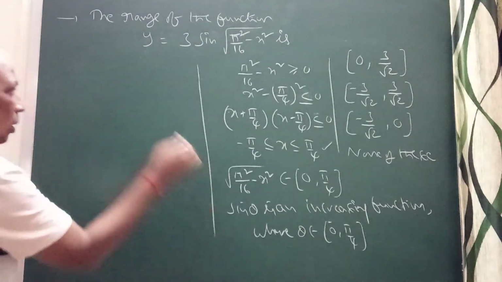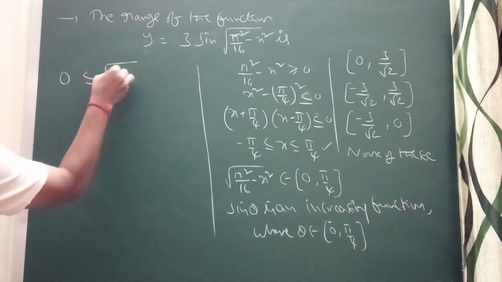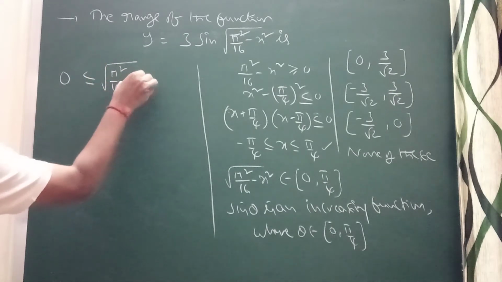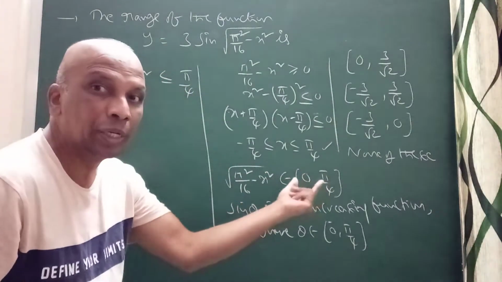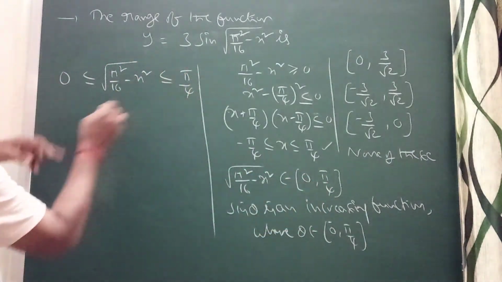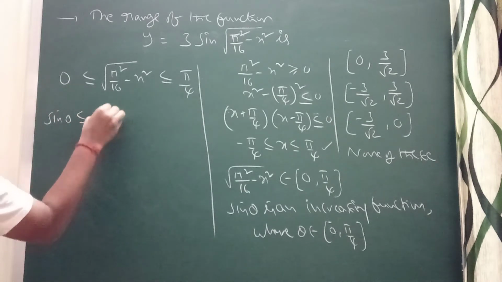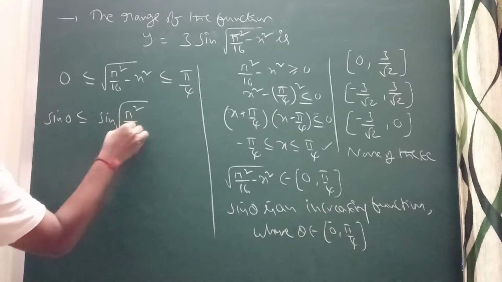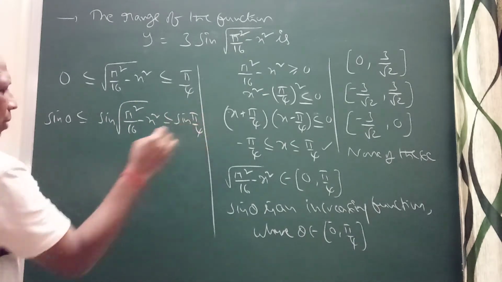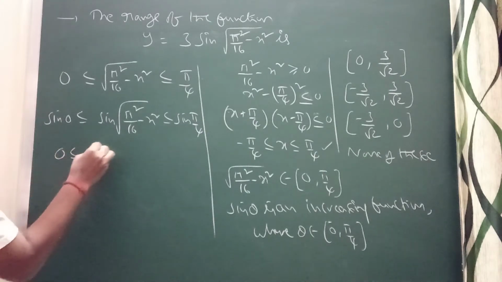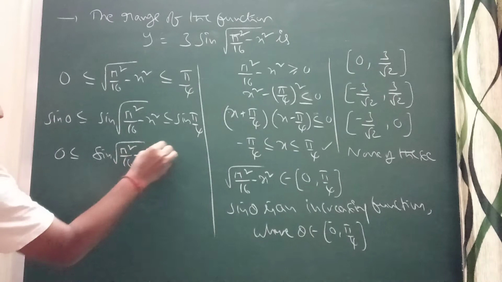So you can observe here 0 ≤ √(π²/16 − x²) ≤ π/4. This belongs to, in between, including these two. Apply sine here: sin 0 is 0, so sin of √(π²/16 − x²) ≤ sin π/4.